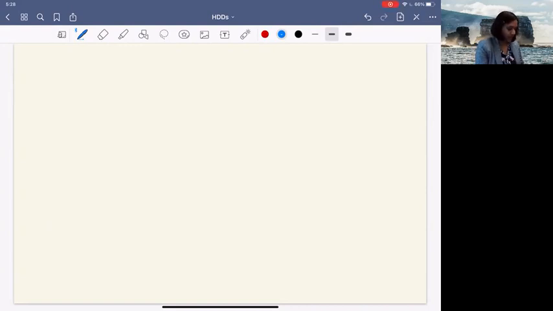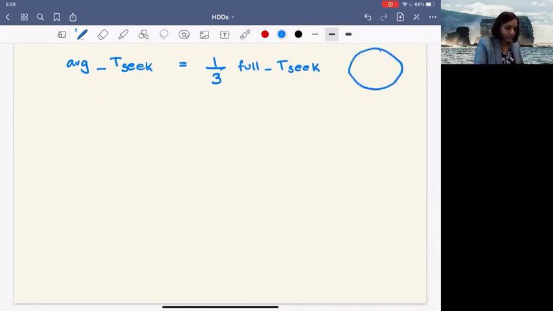There is a very common and important notion that average T-seek is equal to 1/3 of full T-seek. Full T-seek is for any disk to go from the innermost track to the outermost track.